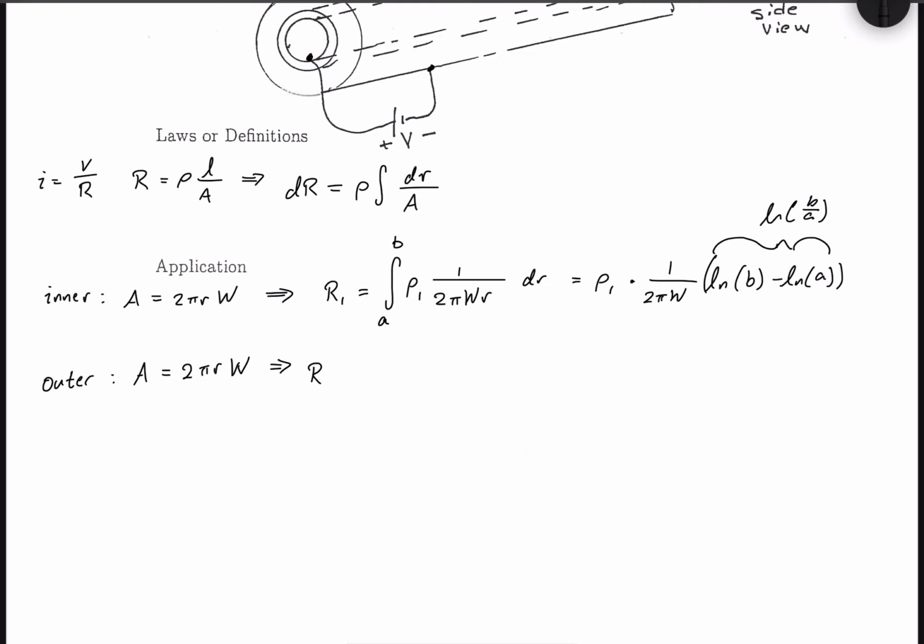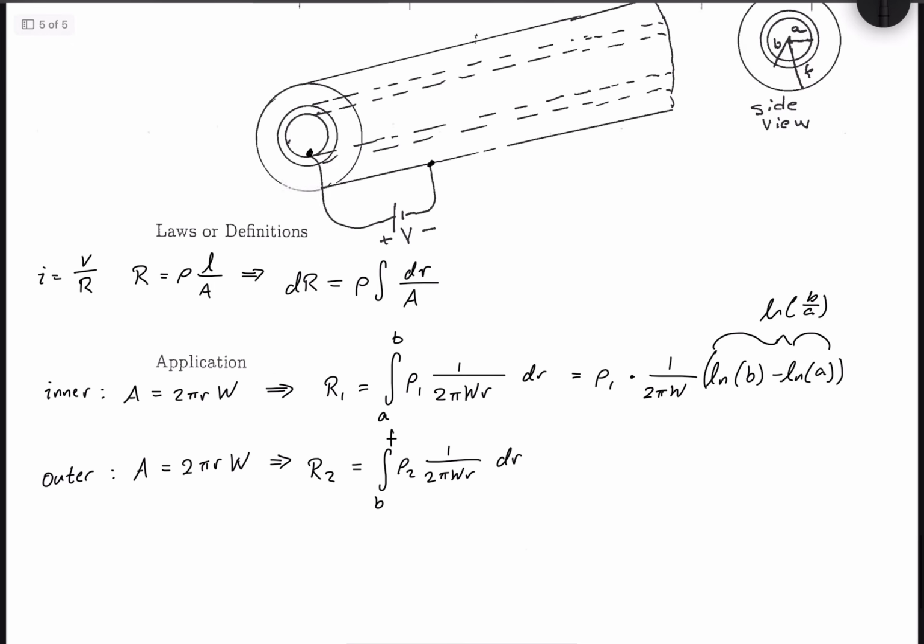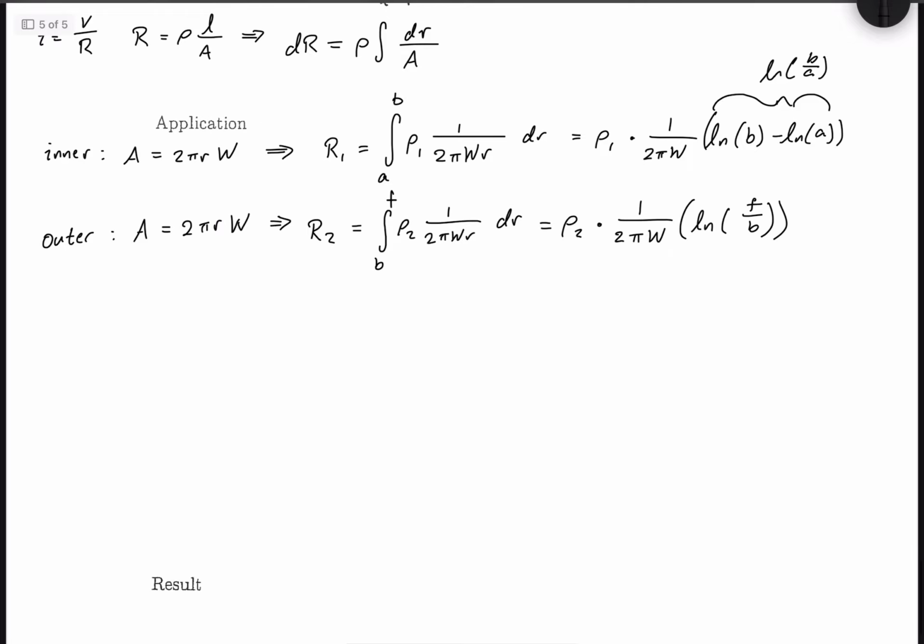So then we have resistance 2, which equals the integral of rho 2 times 1 over 2 pi w r, which is area, dr. And then we want to do that from its inner radius to its outer radius, so B to F. And then again, same sort of equation here would result, so we get rho 2 over 2 pi W times ln F over B.